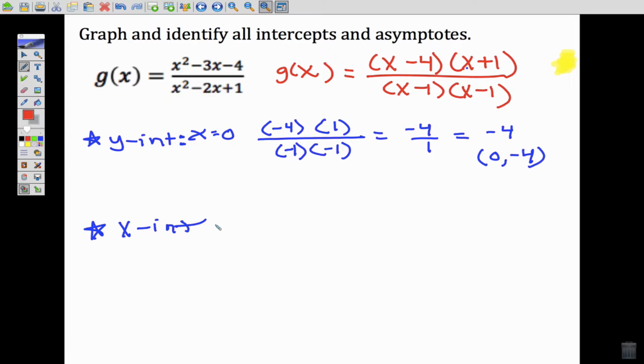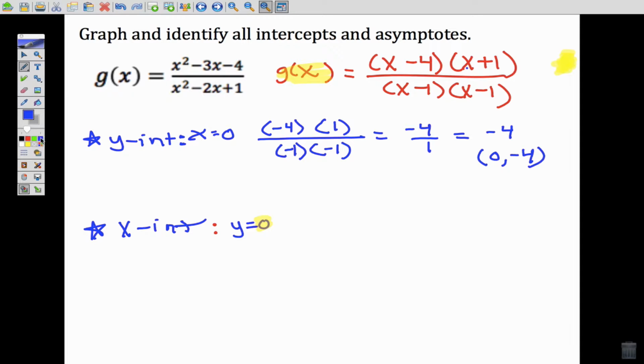Okay, so in this case, y is equal to 0. Now y is the output. In this case, we're in function notation. So we're just going to plug in 0 for the entire output of the function.